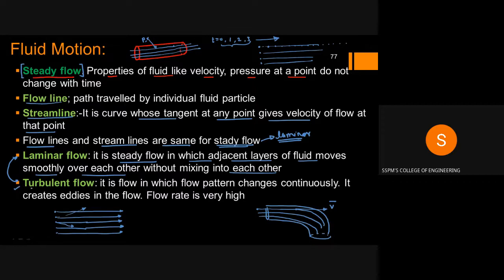And second is the turbulent flow. It is the flow in which the flow pattern changes continuously. So it creates eddies in the flow and the flow rate is very high. So for the turbulent flow, we can observe the flow pattern like this, which creates the eddies.